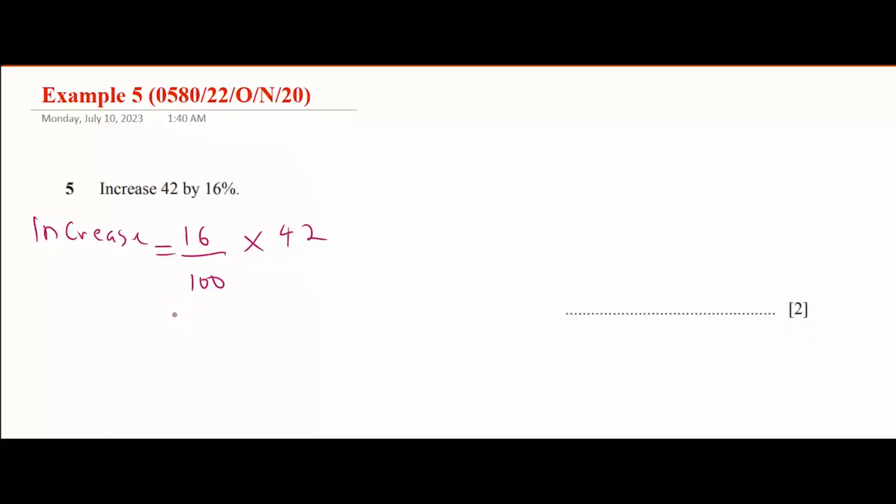So if you take your calculator, you can do 16 times 42, then divided by 100 straight away. If you do that, that will give you 6.72. So that is the increase.